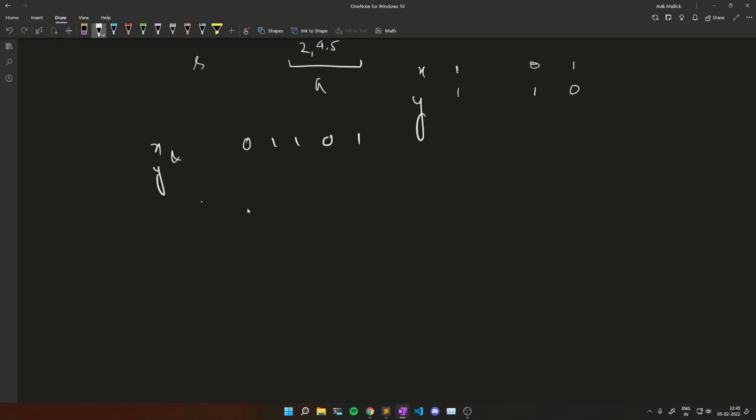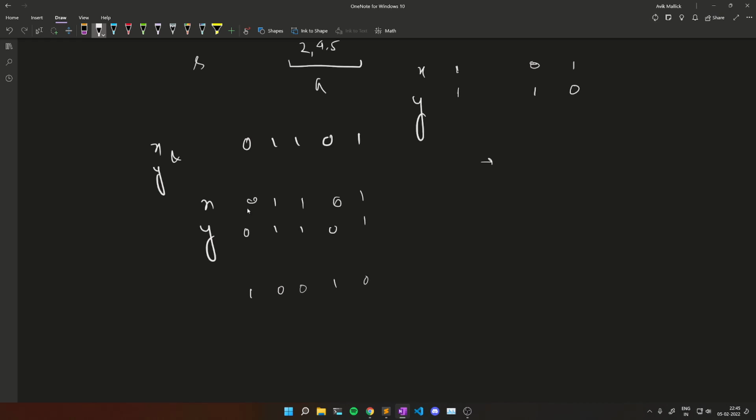I have already explained that, for let's say x and y's AND being this number, both x and y will have set bits in these positions. Now their sum is something else, let's say 1 0 0 1 0.